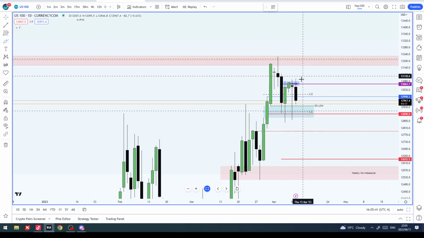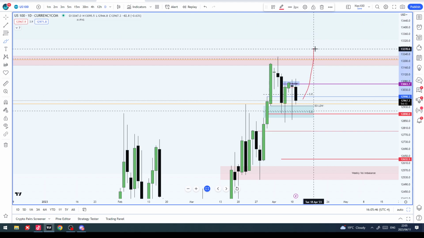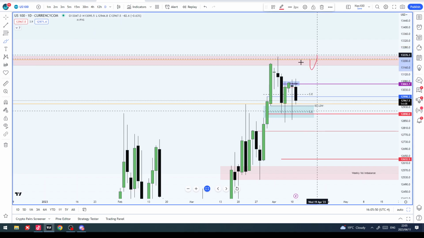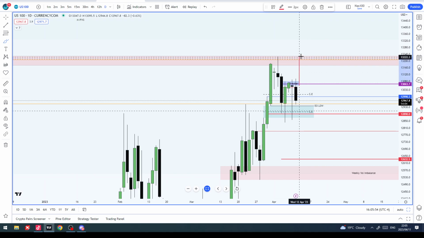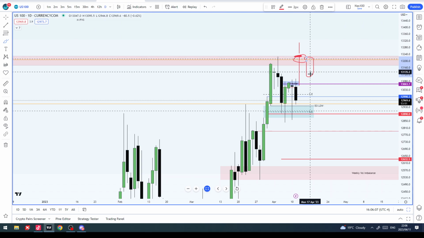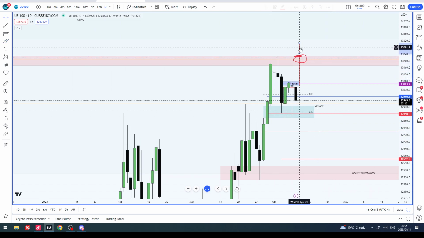How do they print down candles in this area unless they go higher? They can't possibly print a down candle here unless they go higher, right? Unless you're telling me they come here, just close here, close off the volume imbalance, wick above here. This is an up candle. The very next one is a down candle, and then they continue lower. I don't see them doing that.